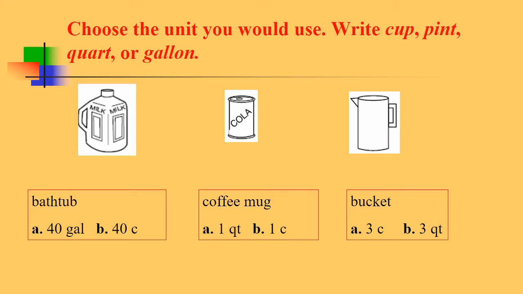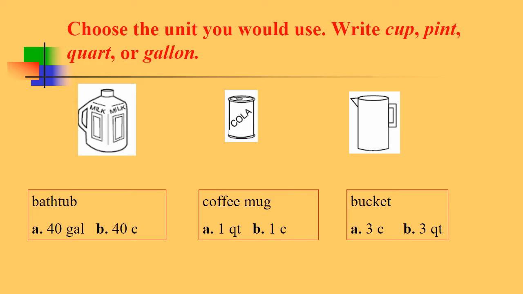Now let's look at choosing the unit you would use best. We're going to choose cup, pint, quart, or gallon. The first one, a bathtub. What would you use to fill a bathtub? Let's go bathtub, gallon, or cup.